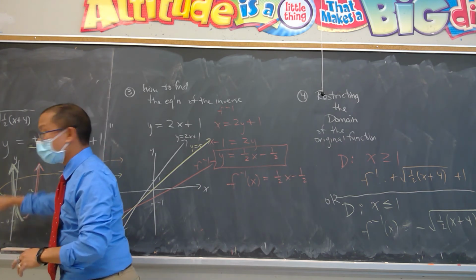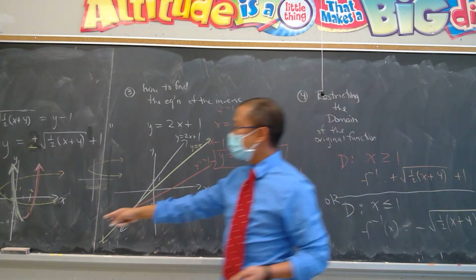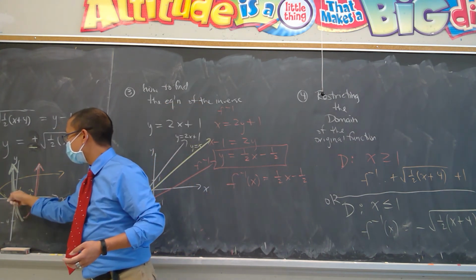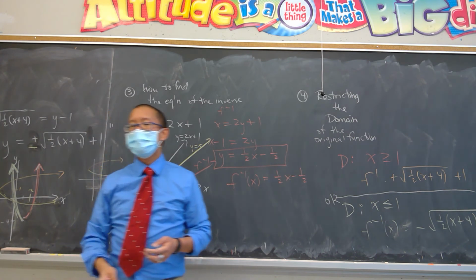Oh, sorry, you were correct. Sorry, it should be this way. I drew it wrong. So it should be this one. You're right. Absolutely. But this is not a function, anyways, right? Sorry, you're correct. It should have been the yellow one and the green. Nice.